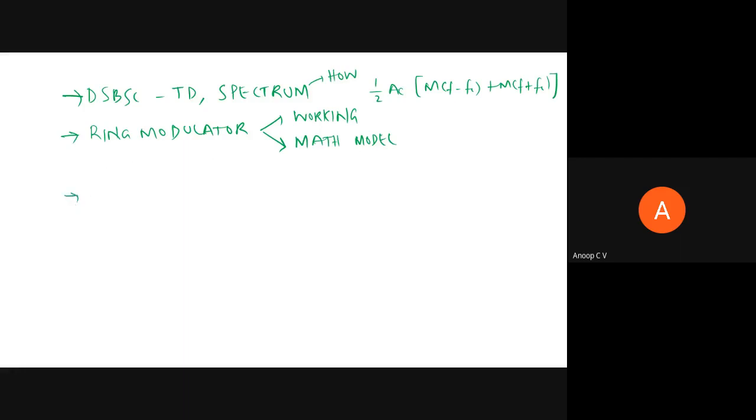Then we have seen one GeoGebra simulation. What was that GeoGebra simulation about? What was the inference we derived from it? We just visualized the Fourier series representation. We have seen how a square wave can be approximated as a weighted sum of sinusoids.